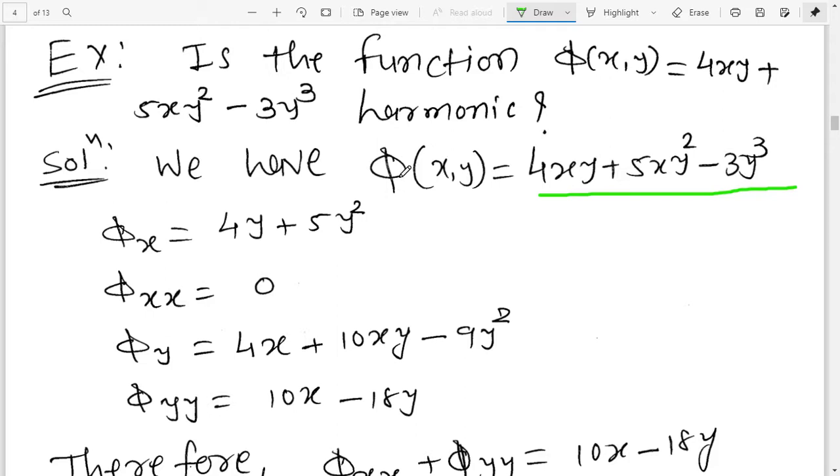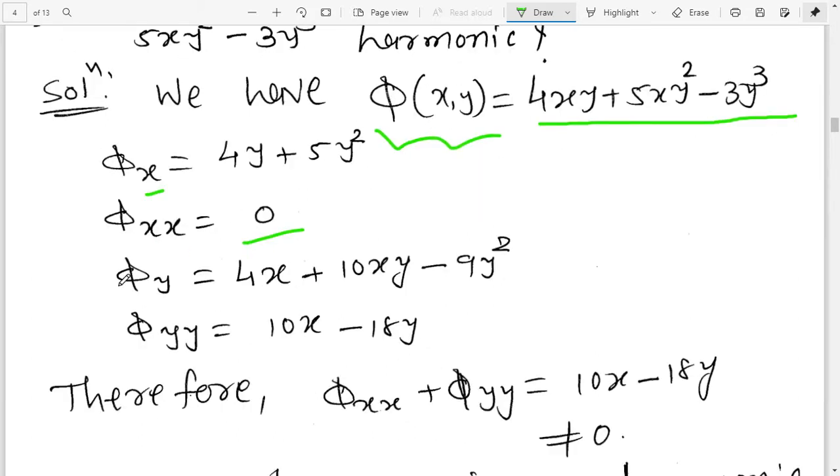Now differentiating phi with respect to x, we get 4y plus 5y square. Again differentiating with respect to x, we get 0. Now differentiating phi with respect to y, we get 4x plus 10xy minus 9y square.